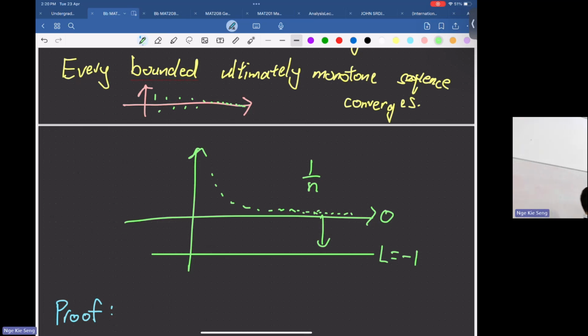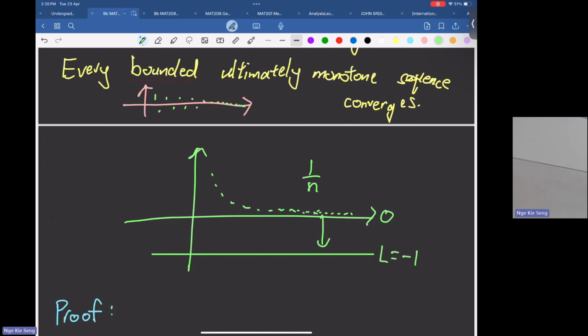So how do you find this 0 then? Put these terms into a set, then this sequence is non-increasing or non-decreasing? Non-increasing. Okay, put into the set, and the sequence is bounded below. You can use the same term to say that this set is also bounded below. This bound comes from the boundedness, not the monotone, right?